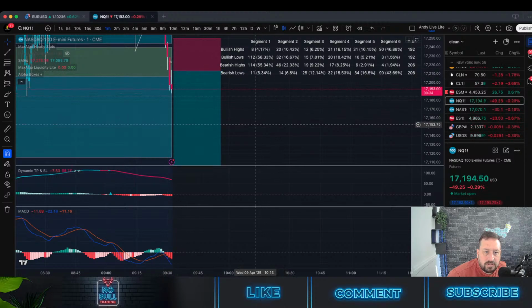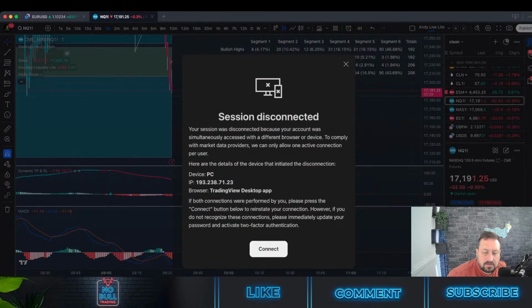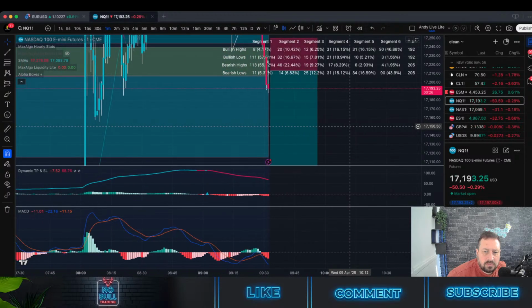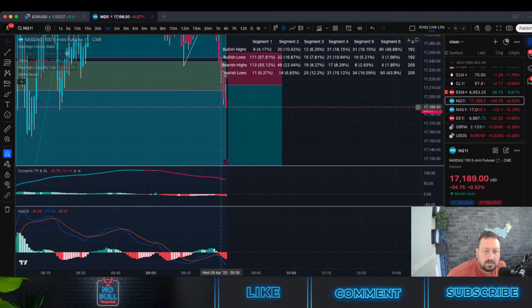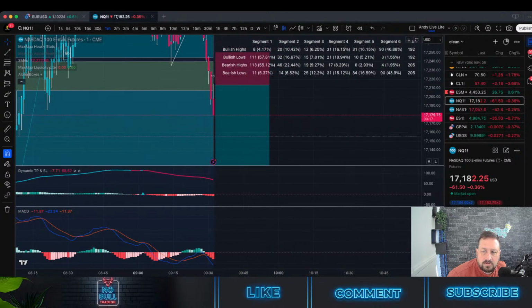Right off our entry, using the previous candle wick, it came up, filled, rejected. Then even from this point here, you could be getting break even now, taking this low.